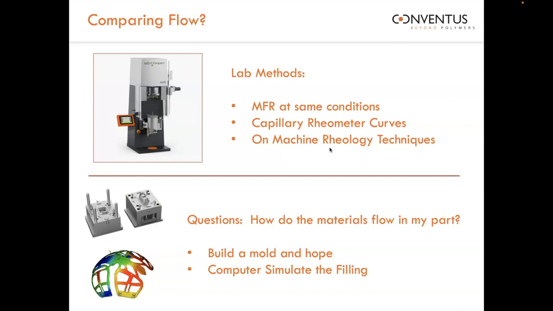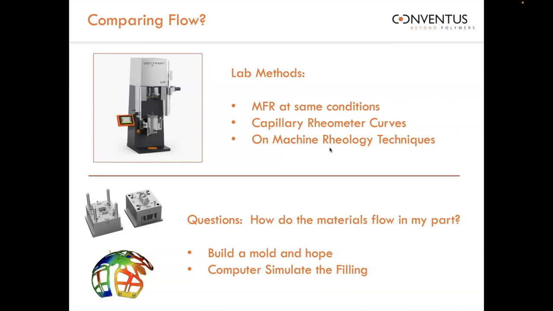So in this particular case of comparing flow, the question really is, how do the materials flow in my part design? There's a couple ways to do that, and these are just two that come to mind. One, some people build a mold. They simply build a prototype mold. They throw a gate and runner on it, and they inject it, and they get a part back.